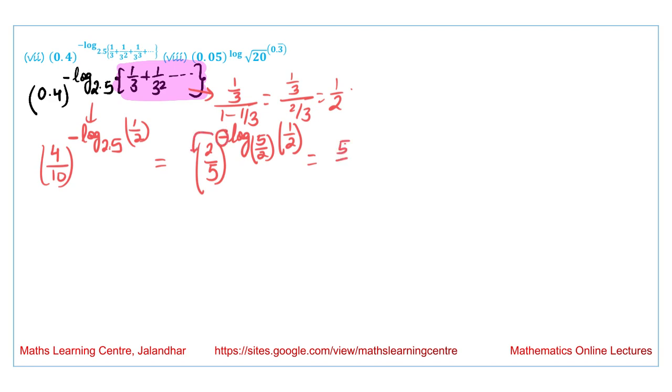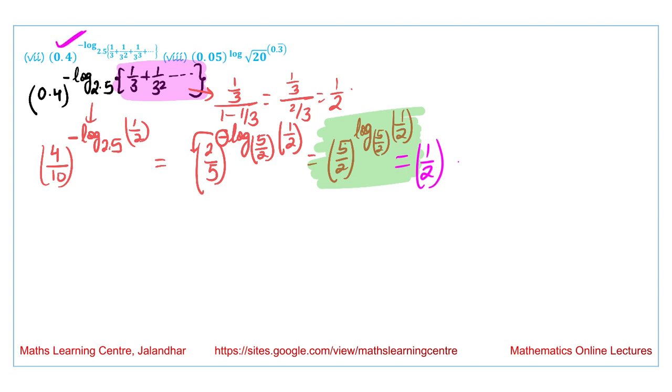So we will get 5 by 2 raised to the power log base 5 by 2 of 1 by 2, and we have studied the property in our previous slide that a raised to the power log b to the base a is equal to b. So the value is equal to 1 by 2. The answer in this case we obtain is 1 by 2.